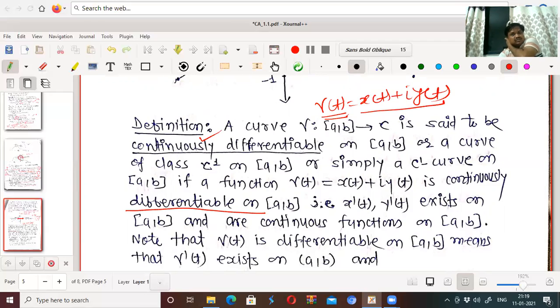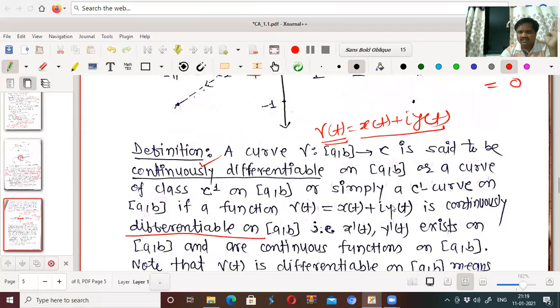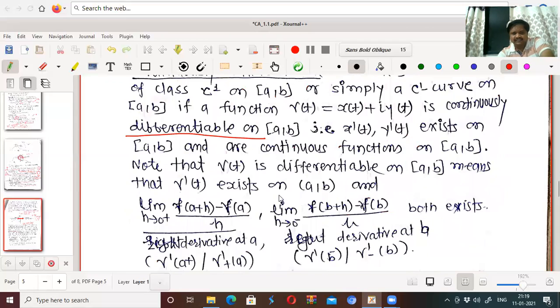So a curve is said to be continuously differentiable, or a curve of class C1, or simply a C1 curve, if this function is first differentiable and then the derivative is continuous. x dash t and y dash t should be continuous. Continuous means the limit of this function at a point must be equal to the value of that function at that point.